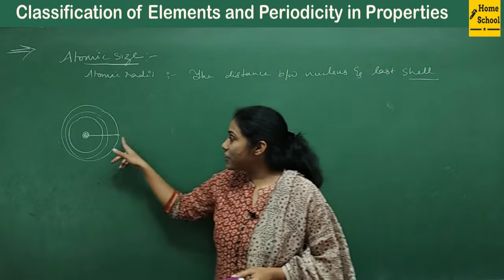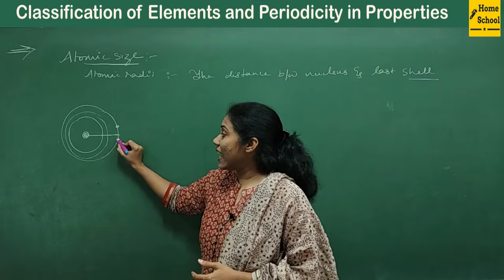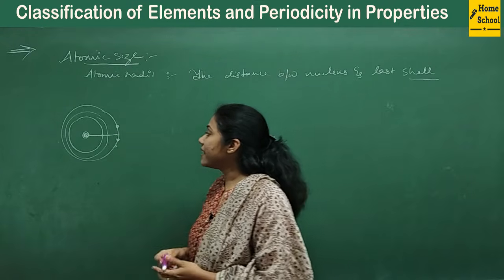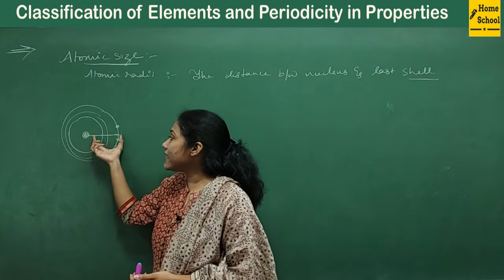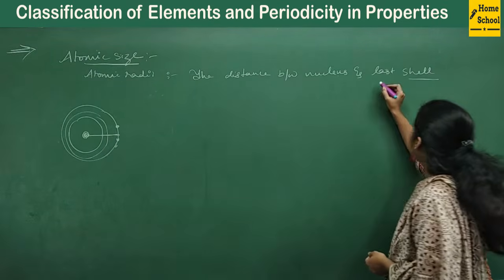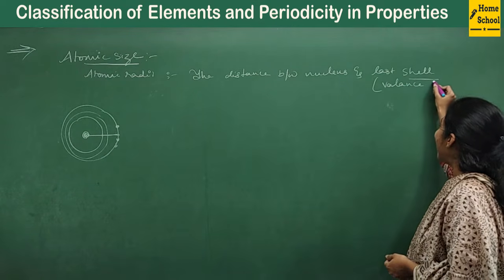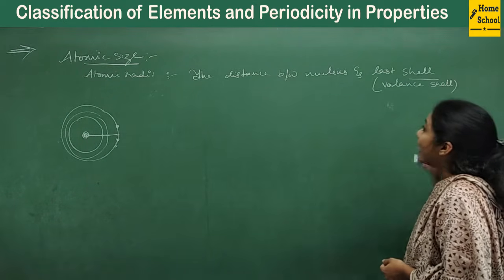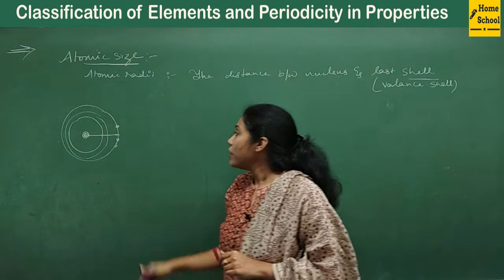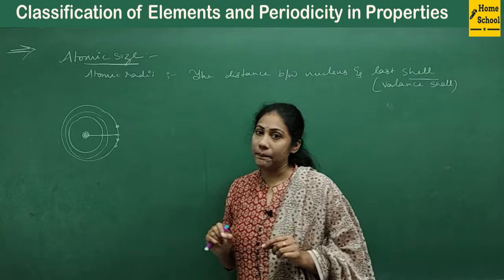In the valence shell or last shell, our valence electrons are present. So it is the distance between the nucleus and the valence shell. Instead of calling it the last shell, it's nice to call it the valence shell where valence electrons are present. So that distance we will call atomic radii.